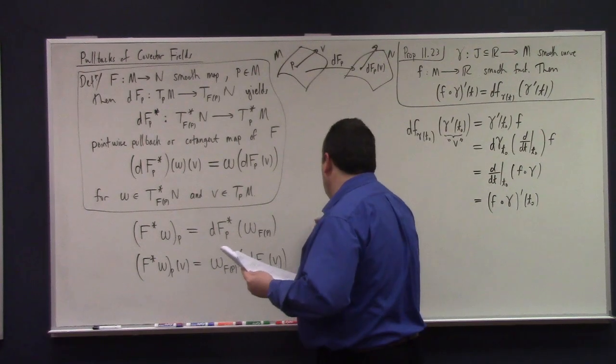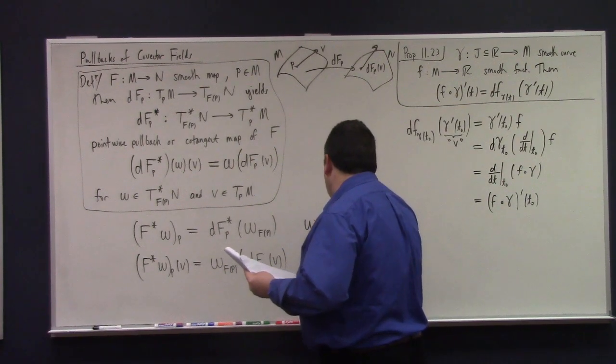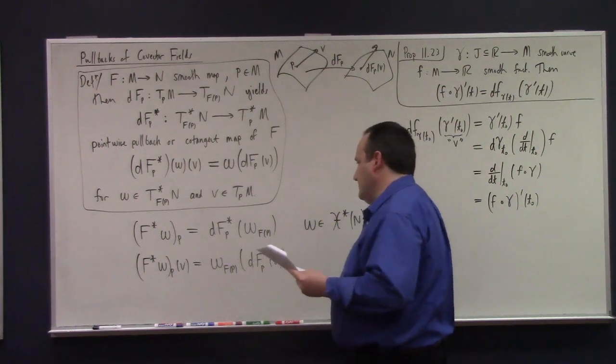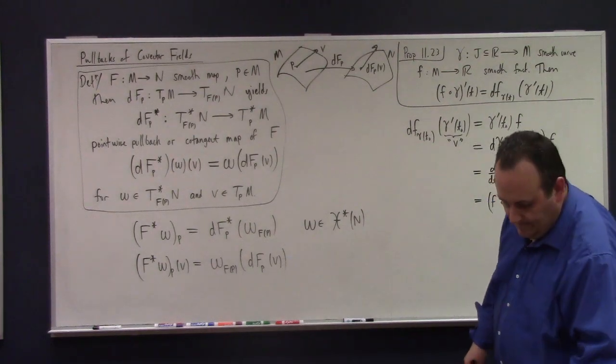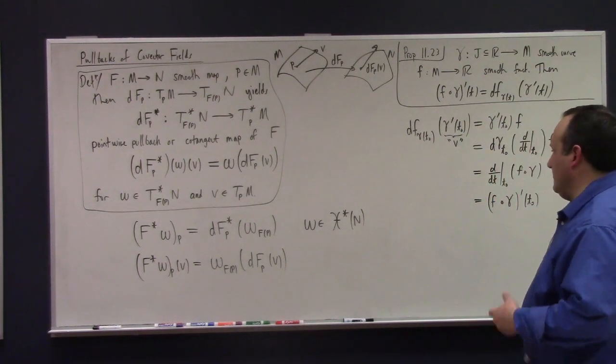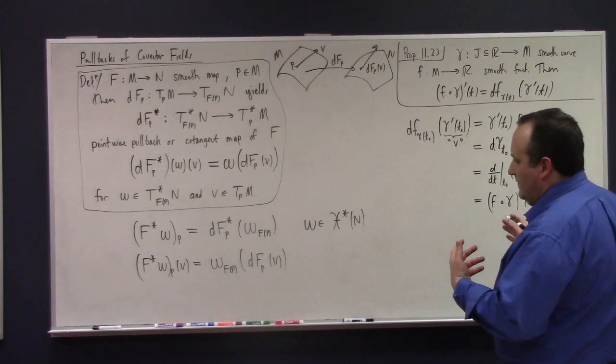So here, omega is an element of the covector fields on N. So the pullback of a covector field is a covector field.